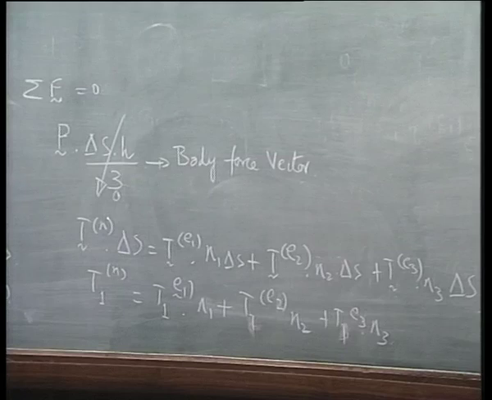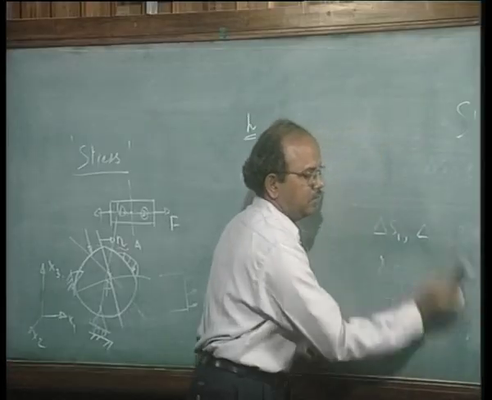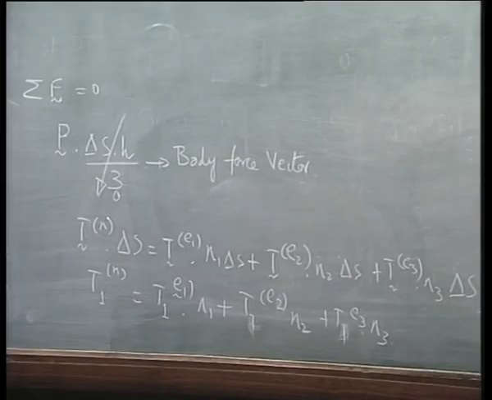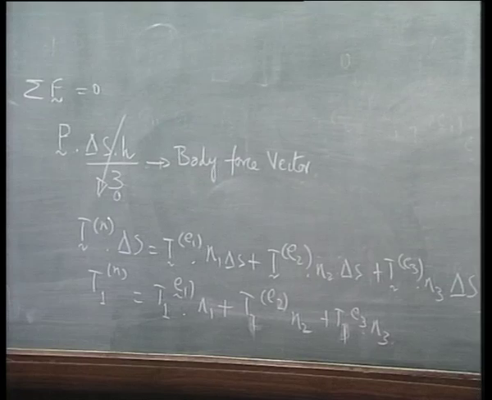Is that clear? Okay. The same way you can write T2 and T3. Now before we go to the next one, let's rub this off. We'll have the result written in a slightly different notation.